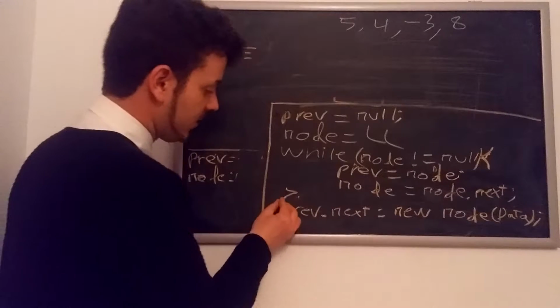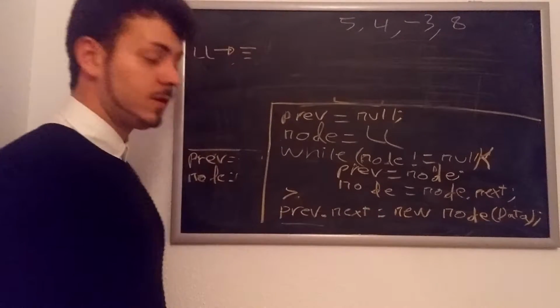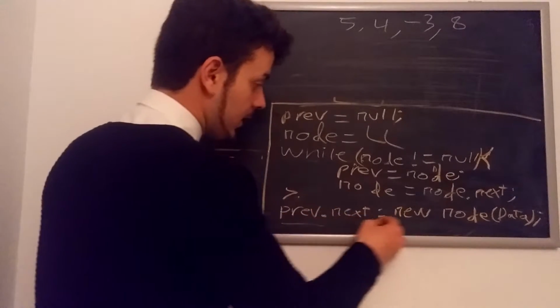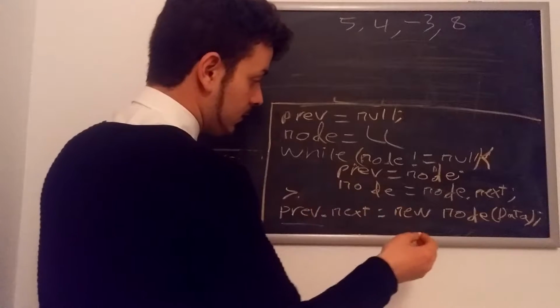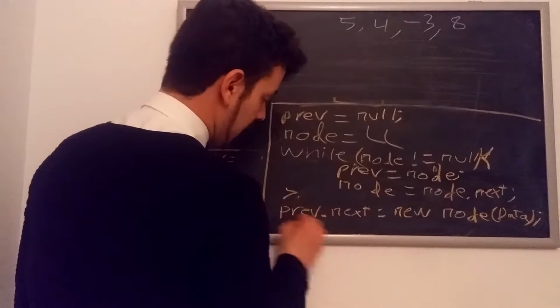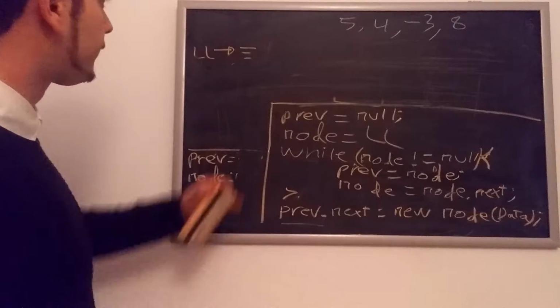And by the time we reach the end of our list, our variable prev will be pointing to the very last element in our list. So we can insert a new node, and we can point that new node in the last node's next pointer. So let's see how this works.